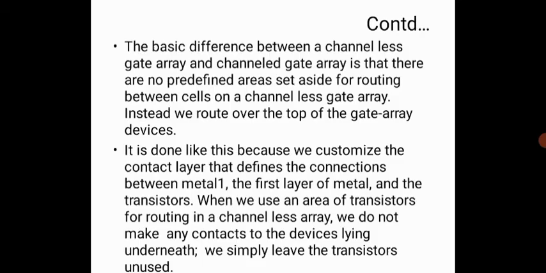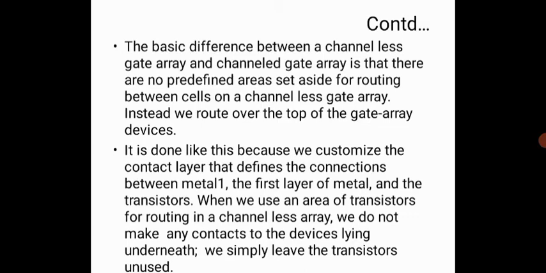The basic difference between the channelless gate array and the channeled gate array is that there is no predefined area set aside for routing between the cells on a channelless gate array. Instead, we route over the top of the gate array devices.